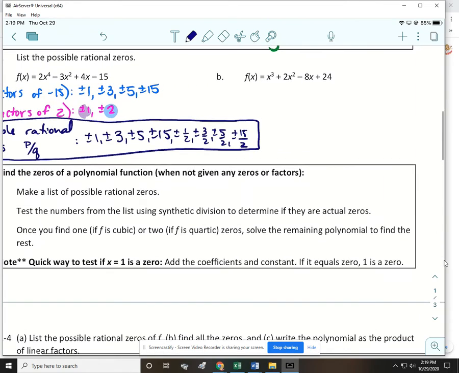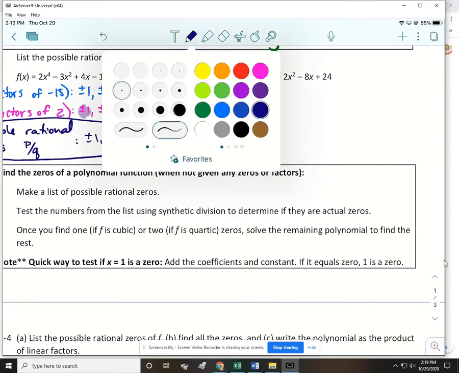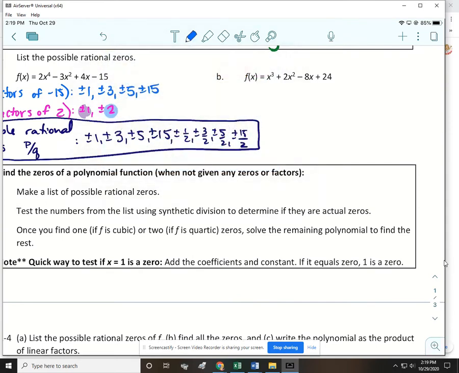Okay, let's look at B. Let's start with p, which is the factors of the constant. In this case, our constant is 24. There are a lot of factors of 24.